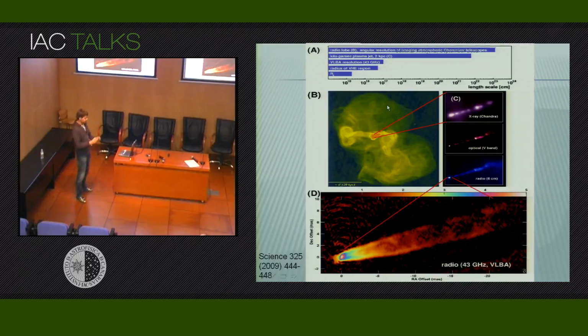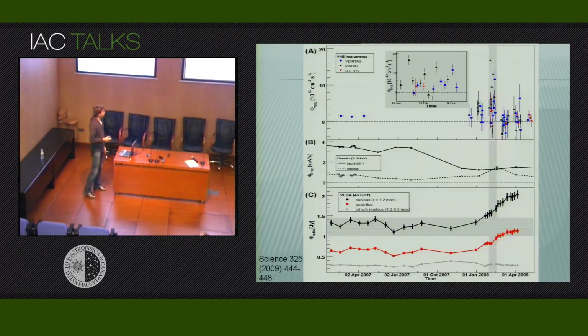Now the interesting point is that in the other wavebands, here this is X-rays, down is radio, you see that one of these knots, so-called HST-1, was actually rather quiet and very stable, but also the other knots and the other parts of the jet were very quiet and stable. Only the nucleus showed some increased X-ray activity, and similarly later we saw from the nucleus, also in radio, that the emission is increasing.